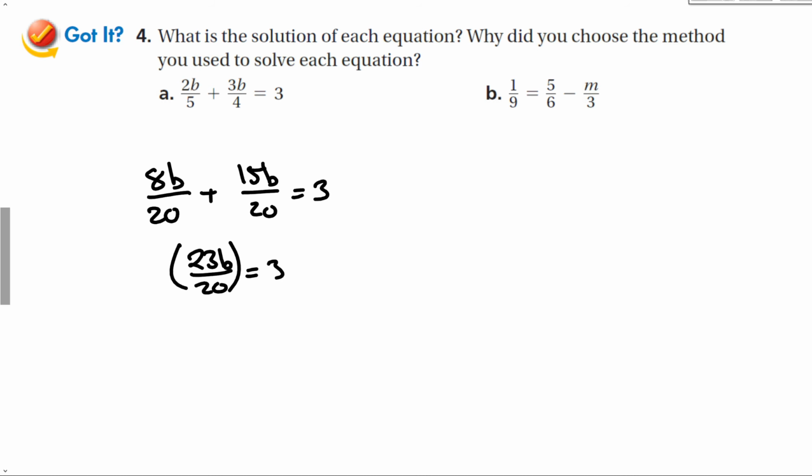So now we're going to multiply both sides by 20 over 23. Okay, so now we have b is equal to 60 over 23. Is that correct?